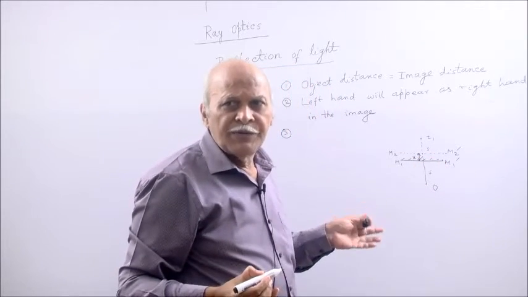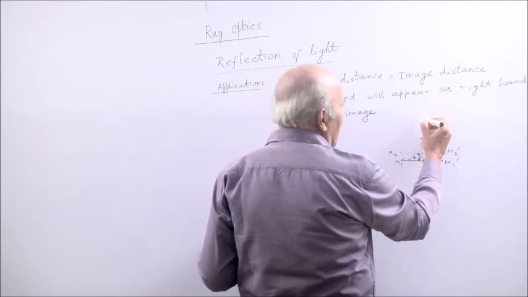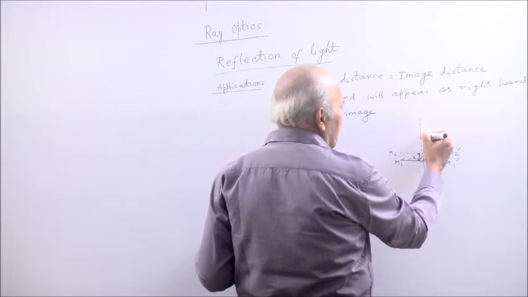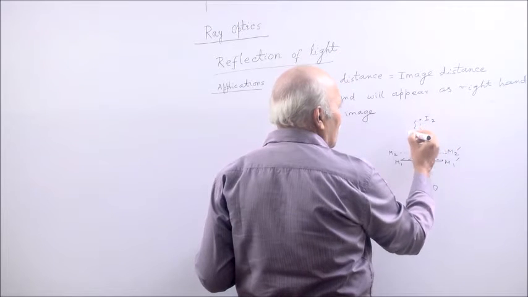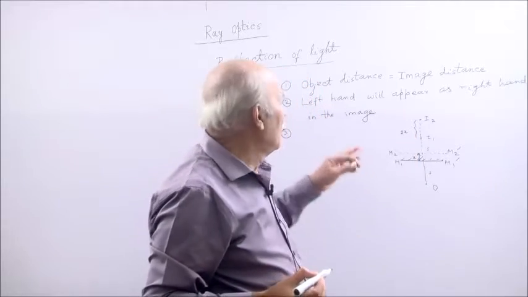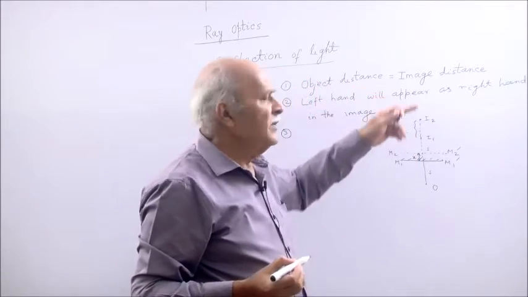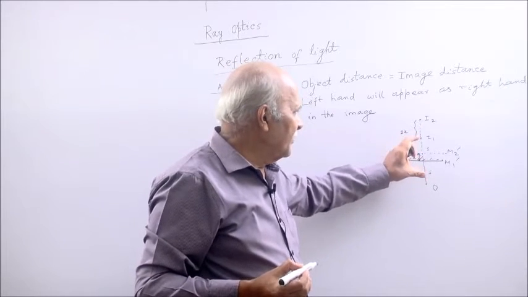Then the point is how much the image will be displaced. The image will be displaced by an amount 2x, which can be easily proved. Object distance is image distance. So first is s, so it will be 2s.